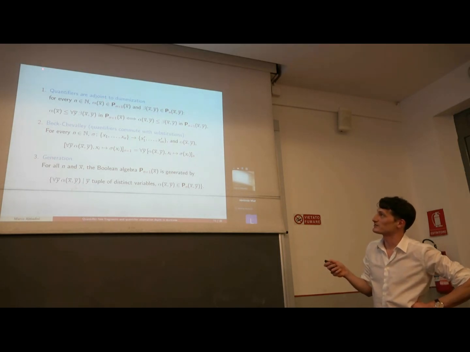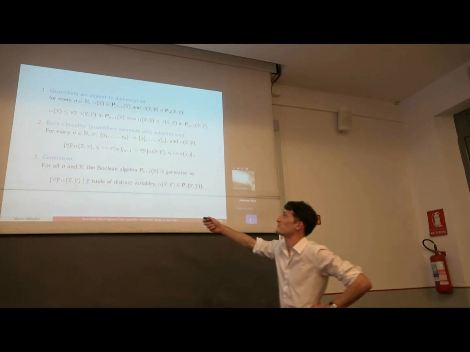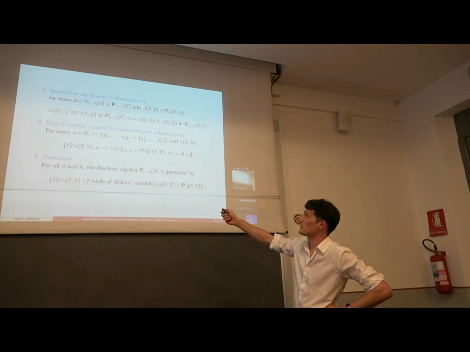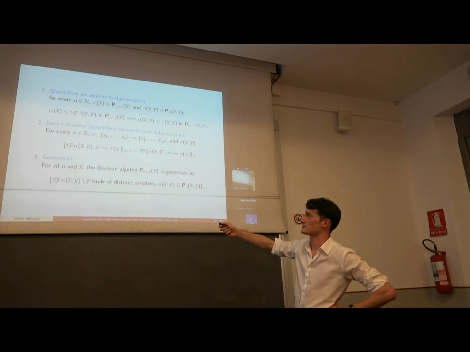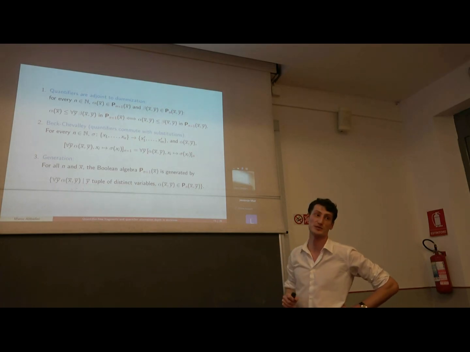So again, we have quantifiers that are adjoint to atomization, but here we have to stratify it. If I have a formula beta in Pn xy, I can look at its universal closure with respect to y, and I tell you what are the formulas alpha x below it. These are precisely those such that alpha xy is below beta xy.